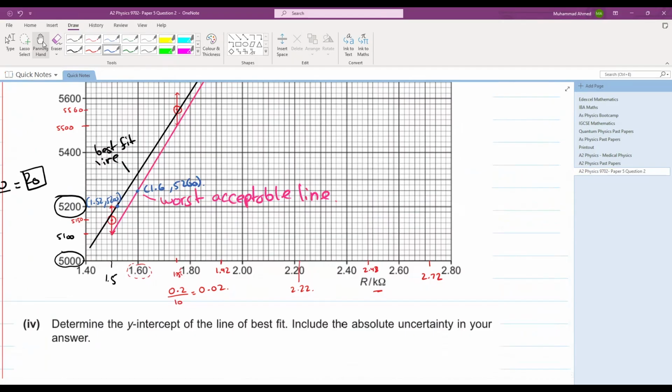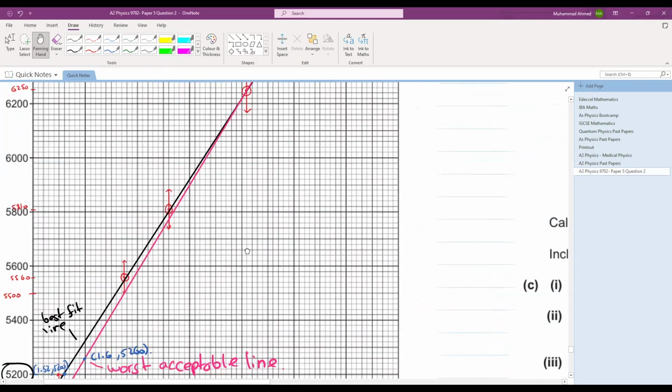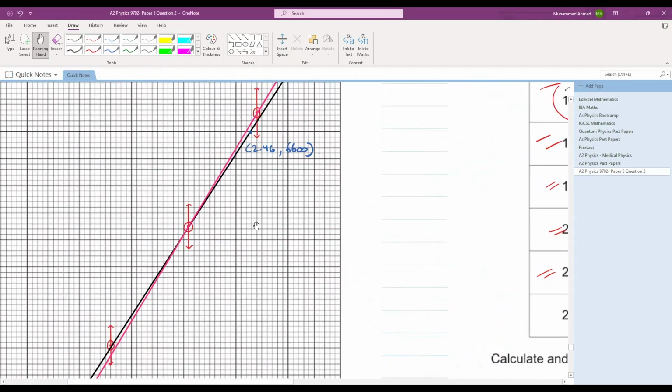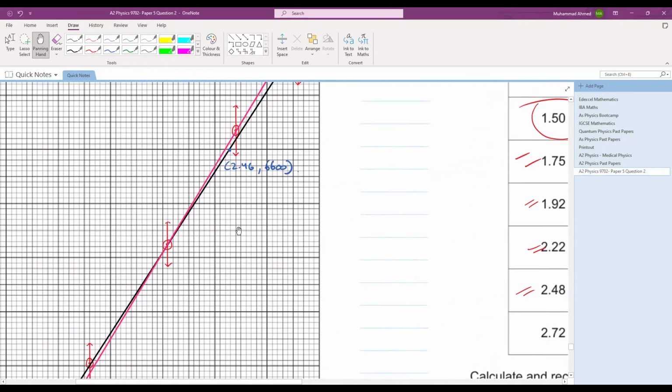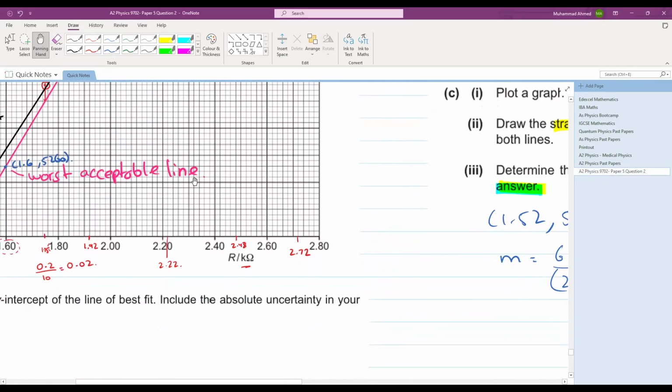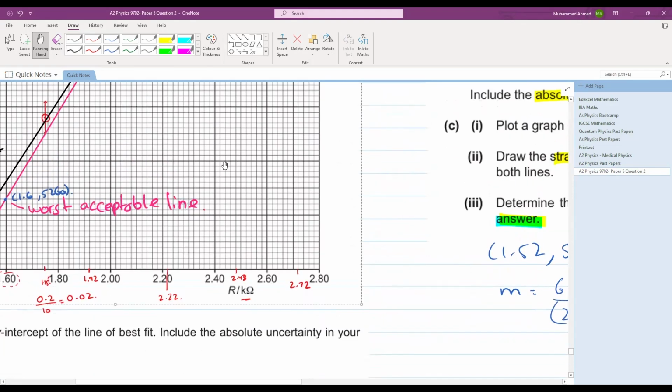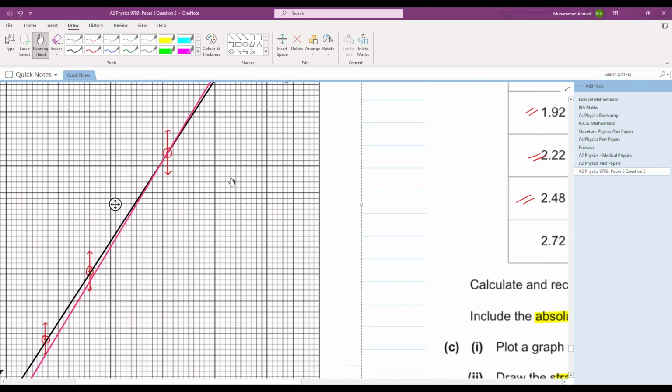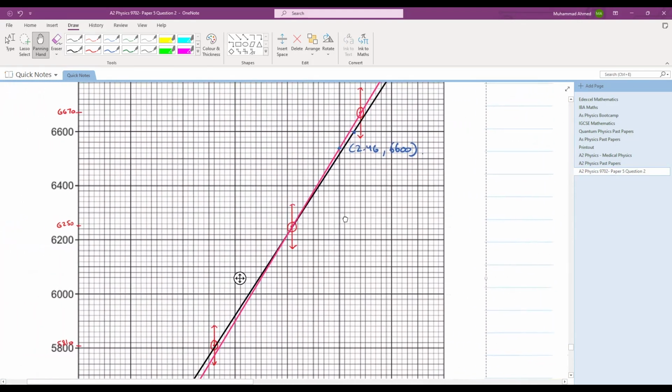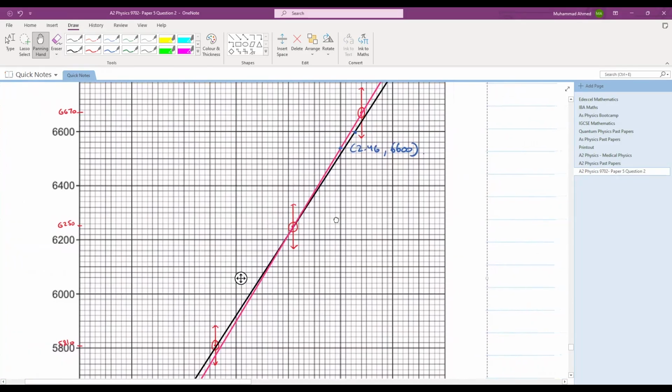Perfect. Any other points on the worst acceptable line that are very neatly marked? Maybe this point. See, I am taking the 2 points very far away from each other, at least 50% away from each other. 2.4 and this is 6540.